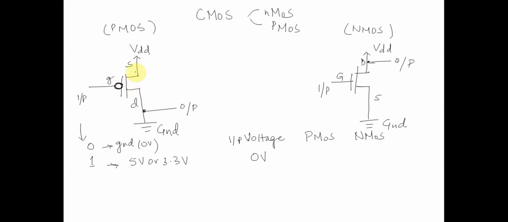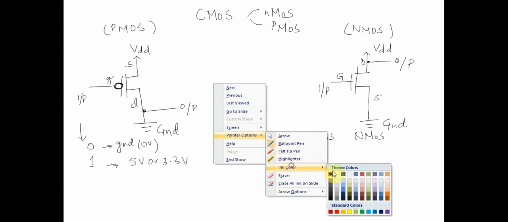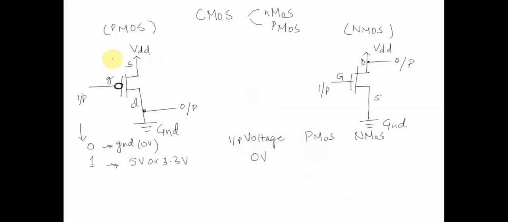We can simply assume that when we apply 0 volt, this will work like a short circuit. If it works like a short circuit, it behaves like on logic, and the output will be equal to some high voltage, so let's say it's 1. This high voltage will be less than 5 volt or 3.3 volt, depending upon the voltage drop across this particular MOS.